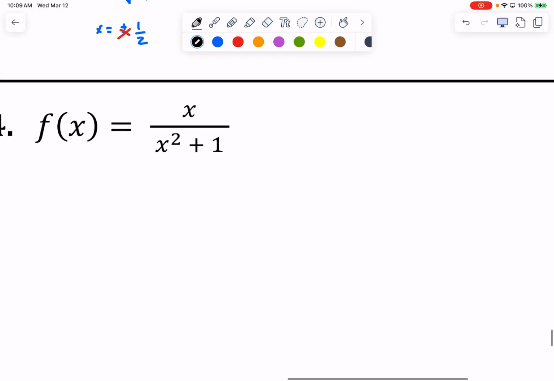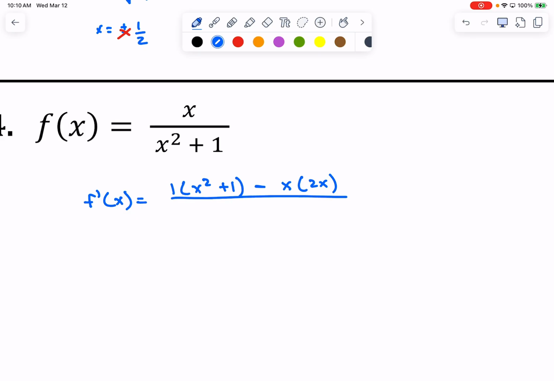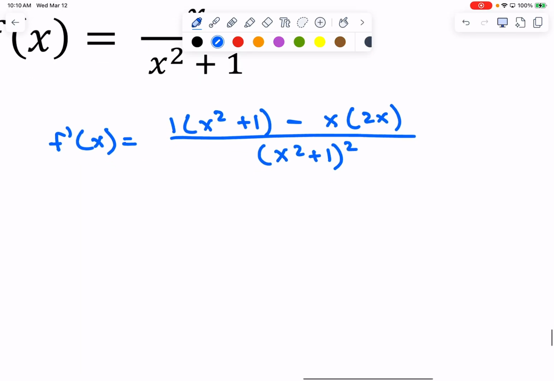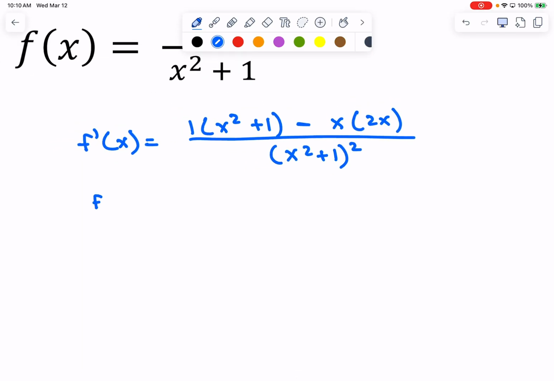All right, number 4, what is required? Quotient rule, you do it. 1 times the quantity of x squared plus 1, minus x times 2x, very good, all over x squared plus 1. Now, before I take the second derivative, I would clean this up. So what I would do is I'd collect like terms on the top.